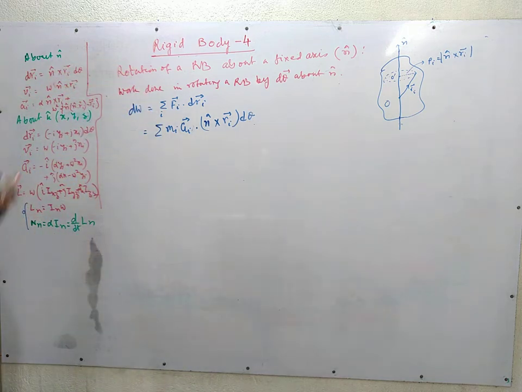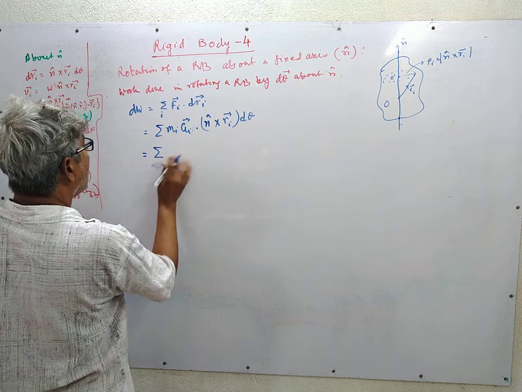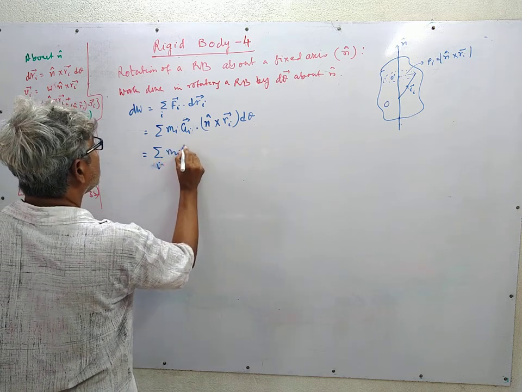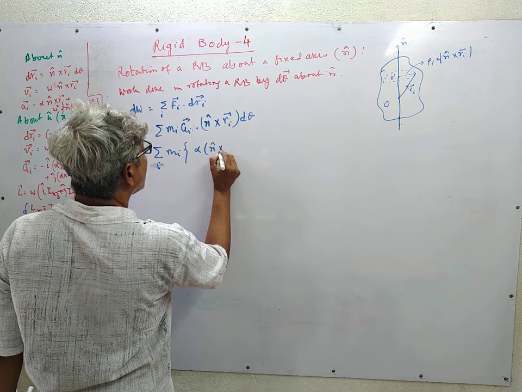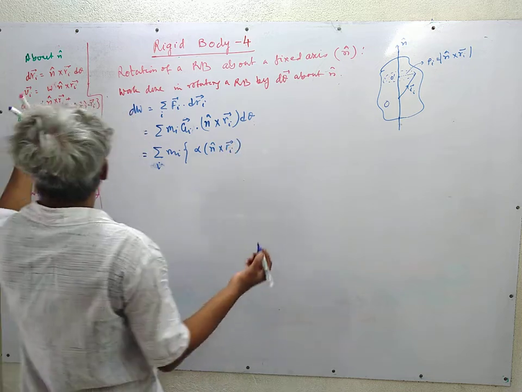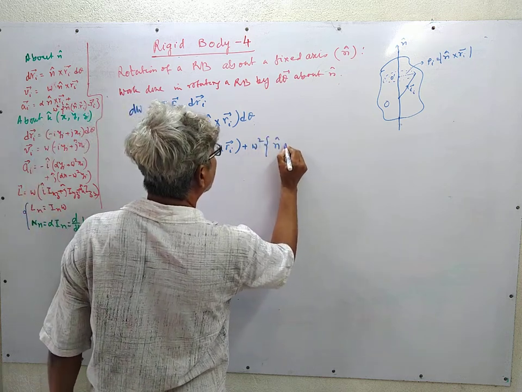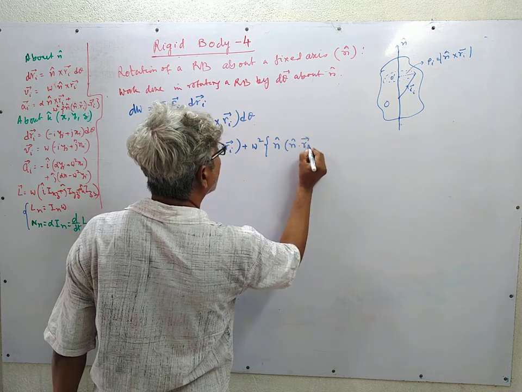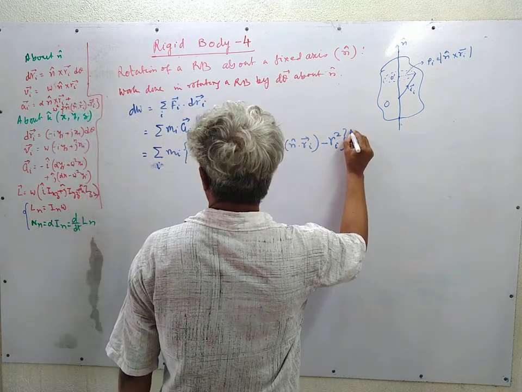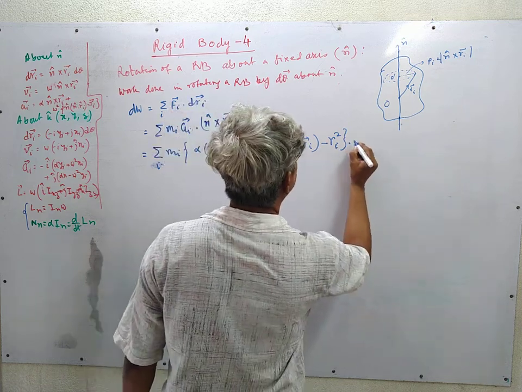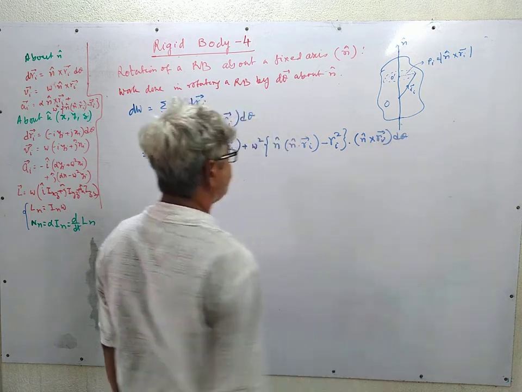And the expression for acceleration is summation over i m_i. For acceleration it is alpha n cap cross R_i plus omega square R_i, and this is being dotted with n cap cross R_i d theta.